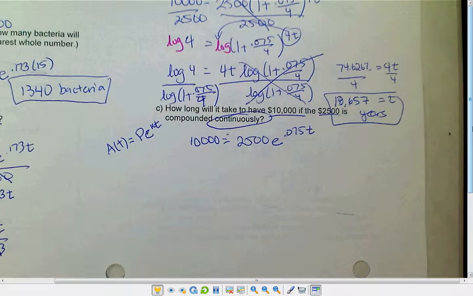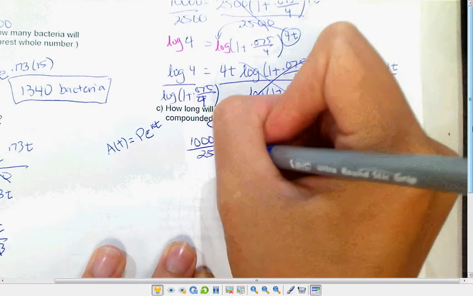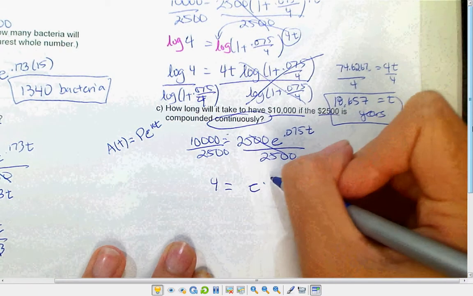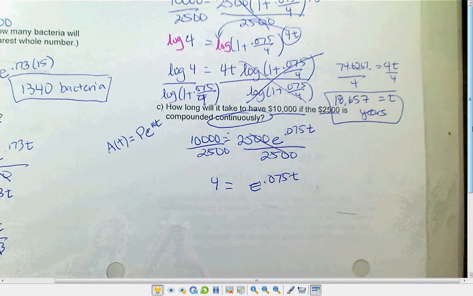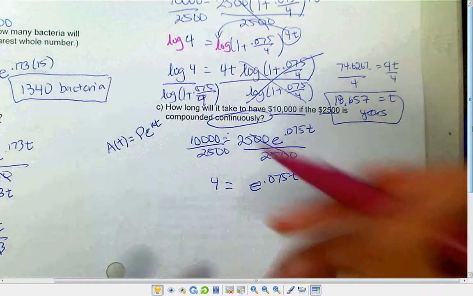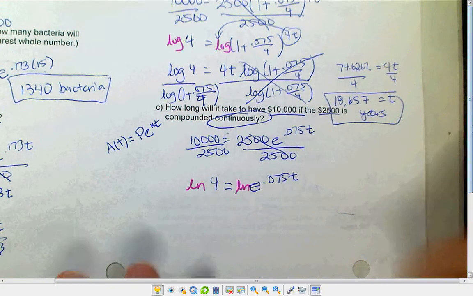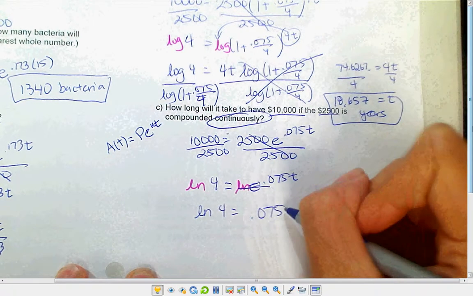So same thing we just did, except for now we have e. So again, I'm going to divide by 2,500. This leaves me with 4 equals e to the 0.075t. Now for this problem, since I have e, instead of using log, I'm going to use ln so that these cancel out. I get ln of 4 equals 0.075t.